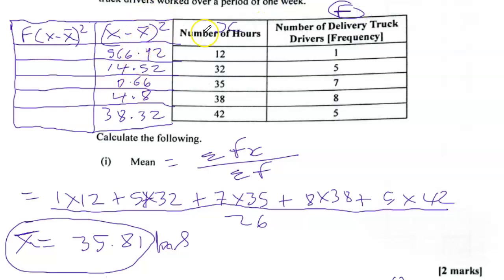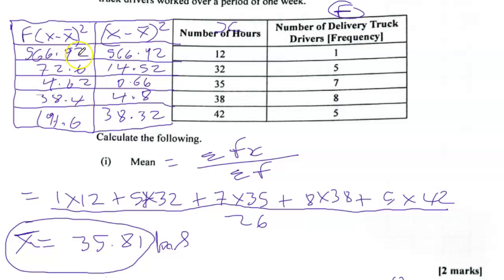We also need f times x minus x bar squared, and we'll get that by multiplying the frequencies times the column we just completed. So now for frequencies times x minus x bar squared. The first one, 1 times 566.92, that's 566.92. 5 times 14.52, that's 72.6. 7 times 0.66, that's 4.62. 8 times 4.8, that's 38.4. 5 times 38.2, that's 191.6.